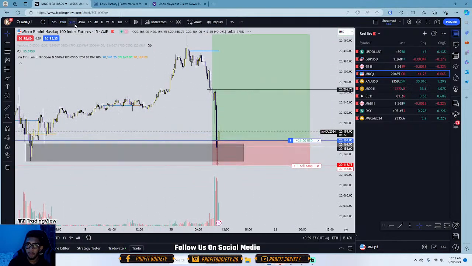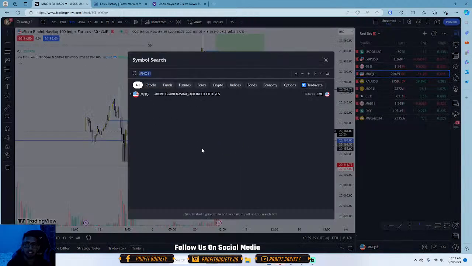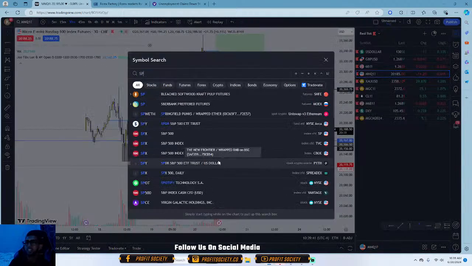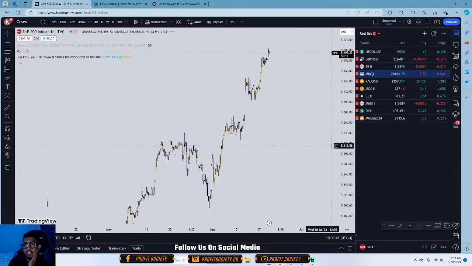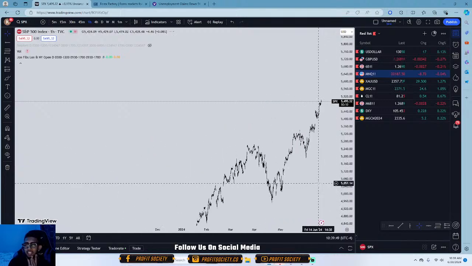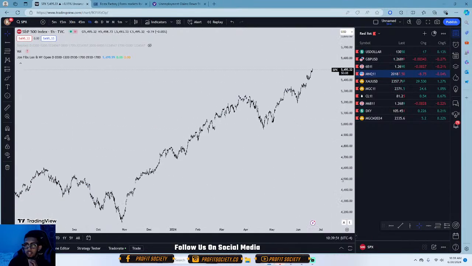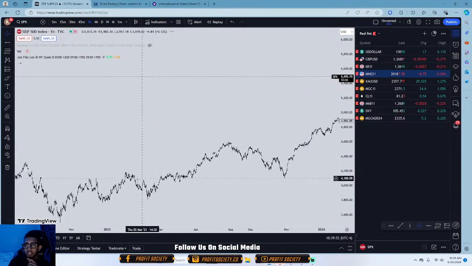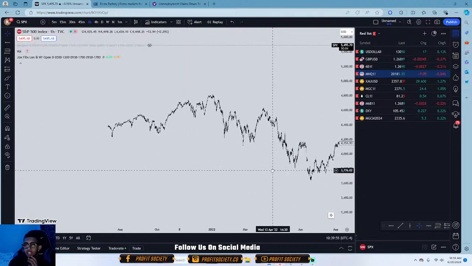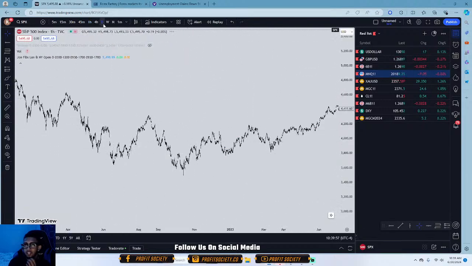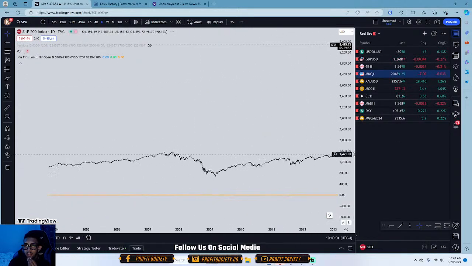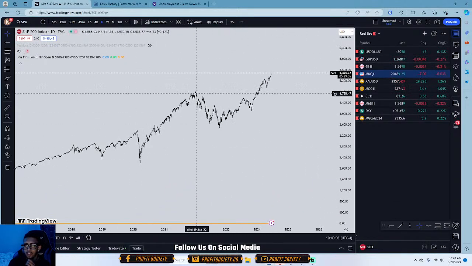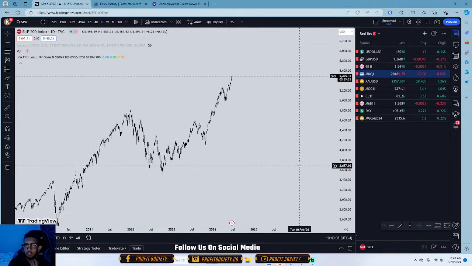If you look at the NAS and things like the S&P 500, these things are hyper bullish. The S&P 500 hasn't really had major down moves in years, and even when it does, those major down moves are great buying opportunities over time.